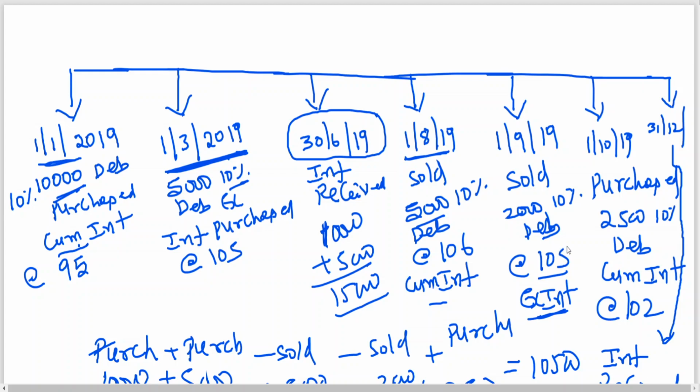How much interest do I have to collect? Last date of payment 30th June, to 1st September, July, August. 2 months interest I have to calculate. So the conclusion is that either cum interest purchase or cum interest sale, ex interest purchase or ex interest sale, interest is to be calculated. Okay.